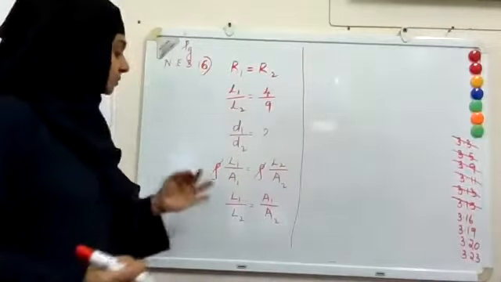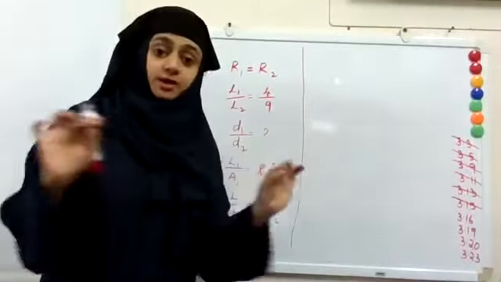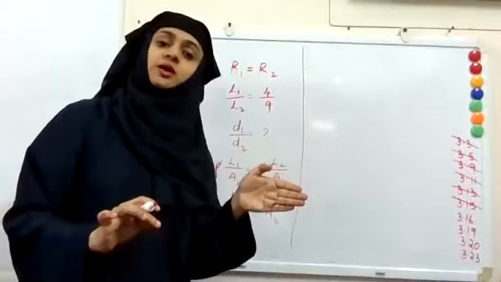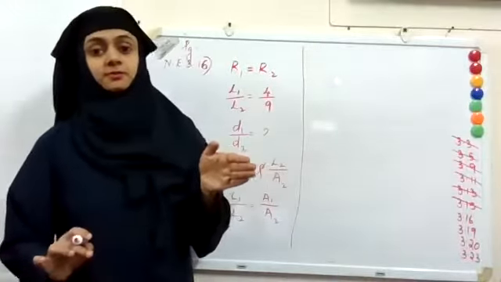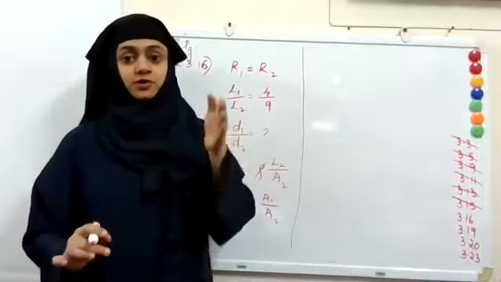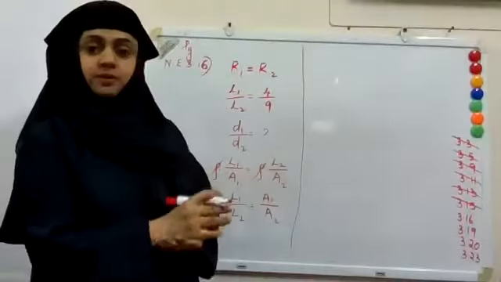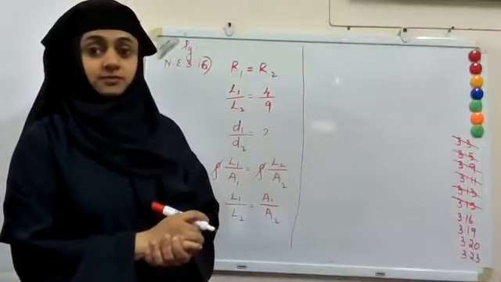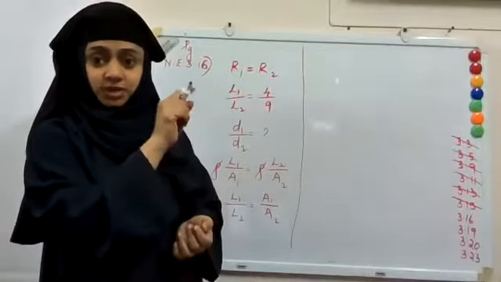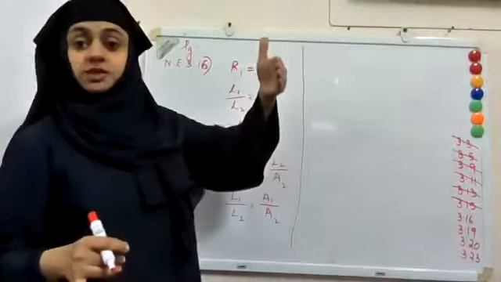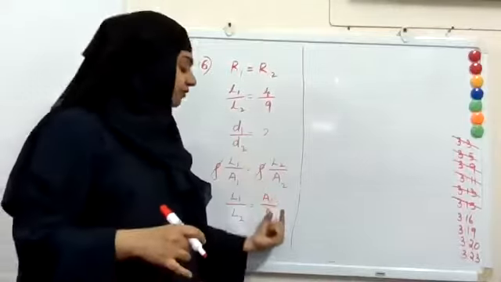Now, we are speaking of electric wires. What will be the shape of the cross-sectional area of a wire? It will be circular, right? If you take a wire and cut it, the cross-section will be circular. What is the area of a circle?